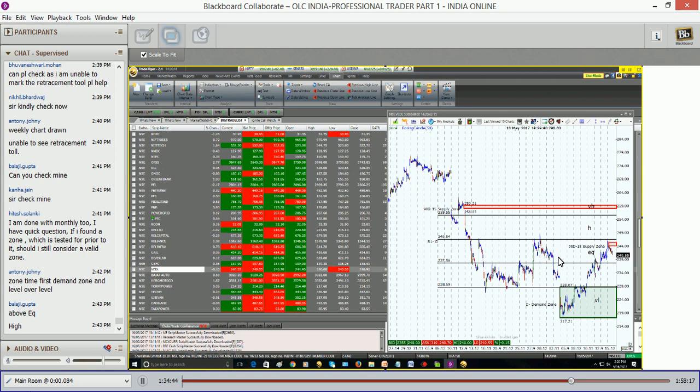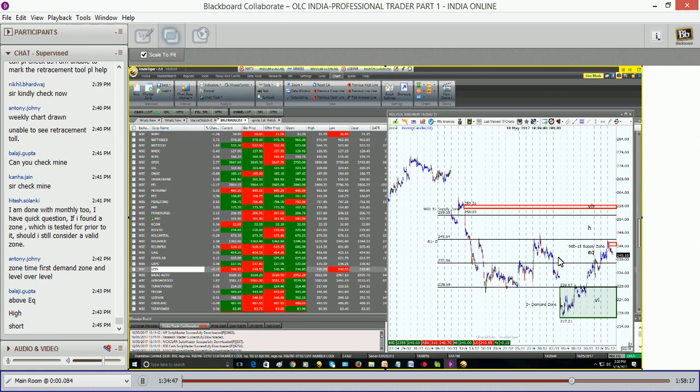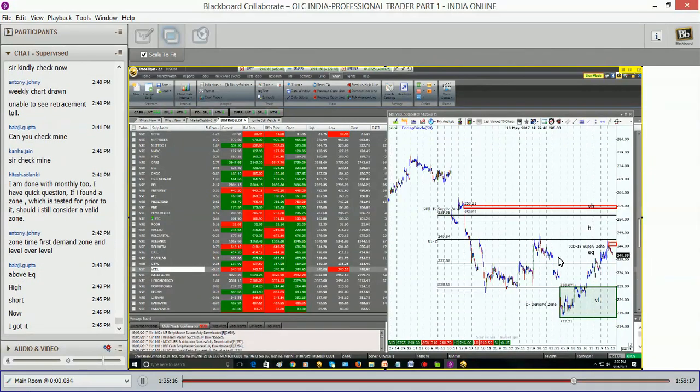You're looking to buy at the higher end of the curve, but you've marked a demand zone in your lower time frame is what I saw. Now you got it. So that's your mistake. Can you change it, please?